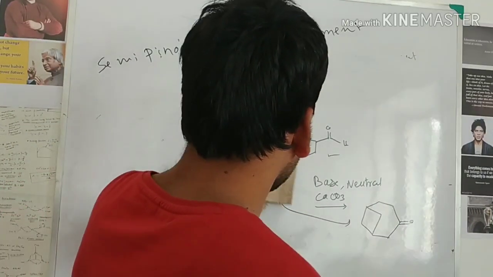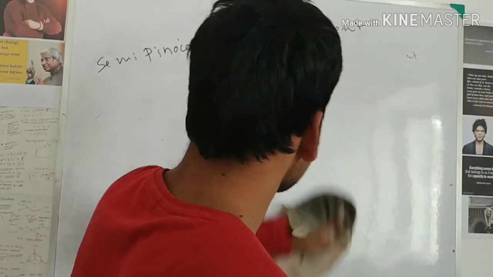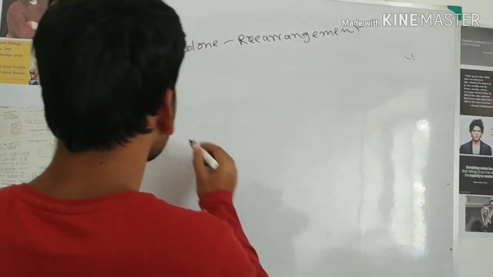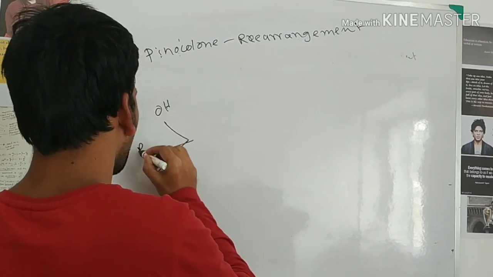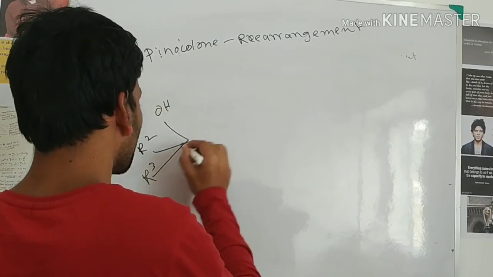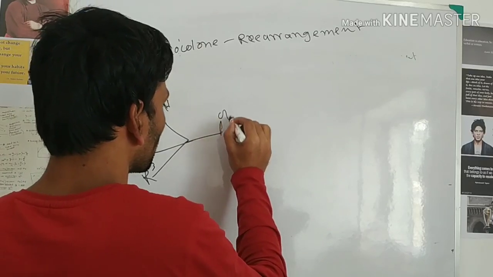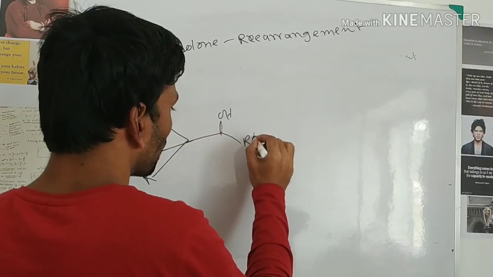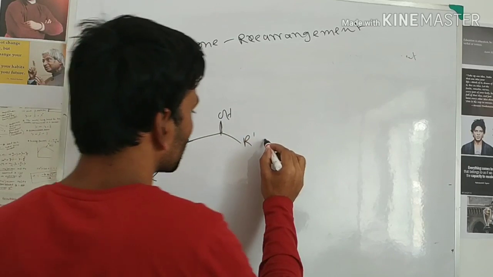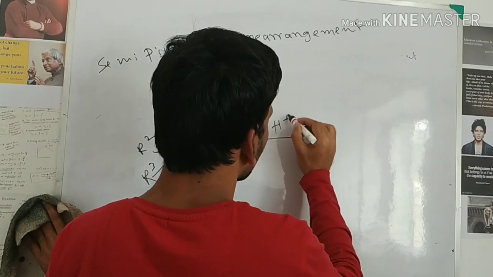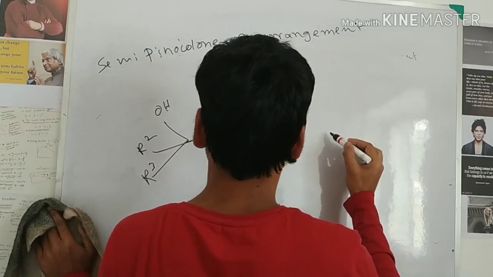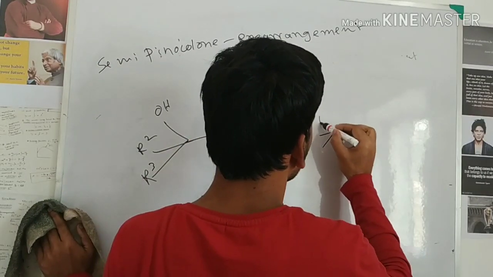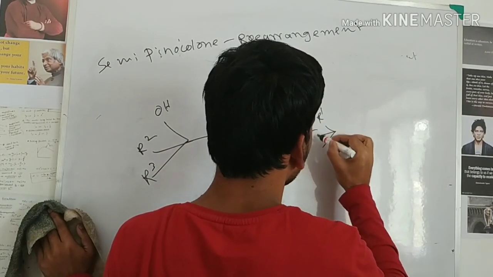Now, another example of this type is OH, R2, R3, OH, R1. With acid, it will give this type of product.